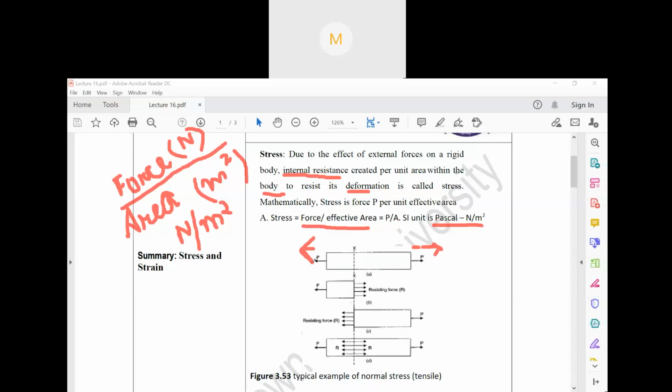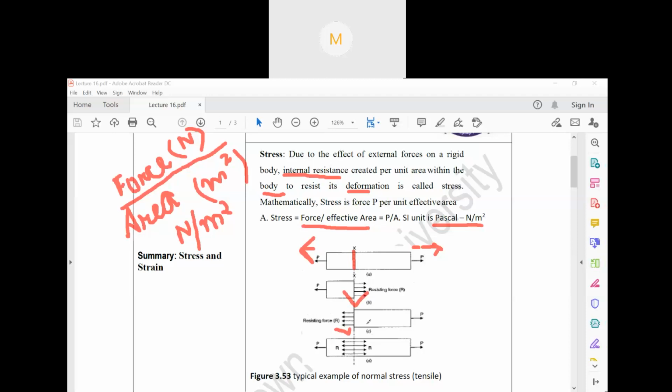At a certain section, suppose XX, there will be one force acting on this side and the other acting on this side.